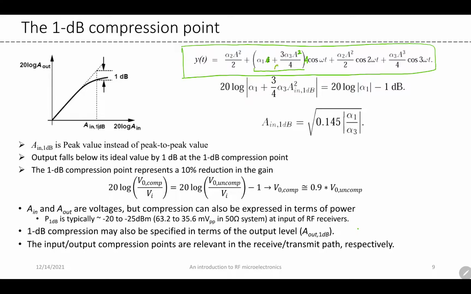So this is the gain term, right? The point where this gain G is 1 dB smaller than the small signal gain.